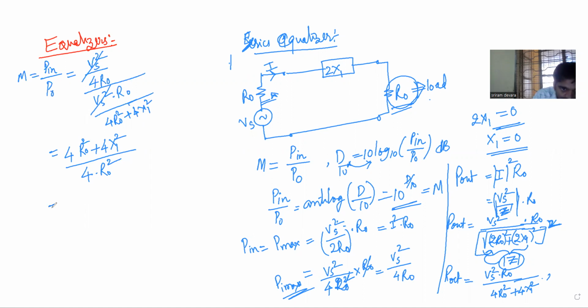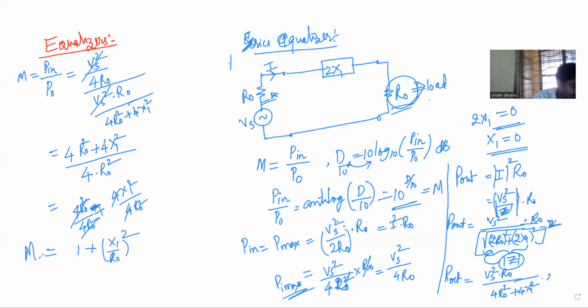So therefore, this becomes 1 plus 4 R naught square divided by 4 R naught square plus 4x1 square divided by 4 R naught square. These 2 get cancelled. Therefore, 1 plus x1 by R naught, whole square.